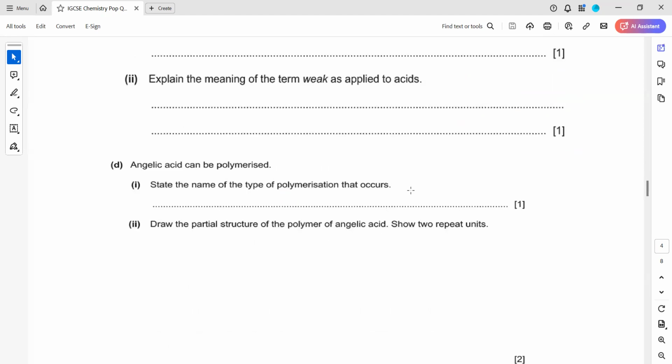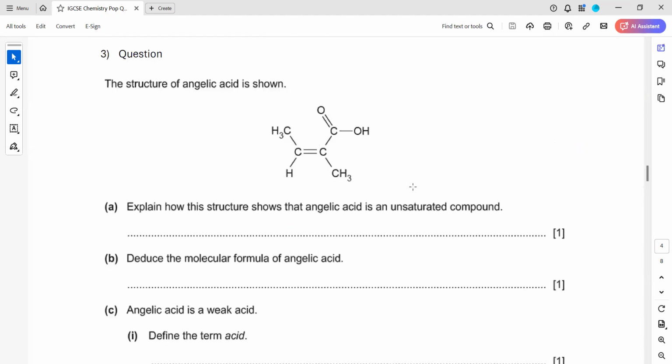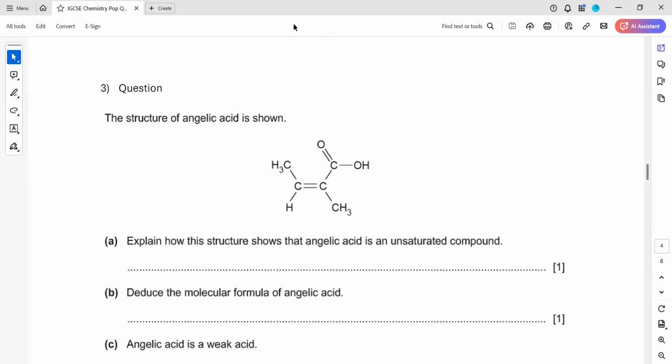Then we have to draw the structure of the polymer, 2 repeat units. So you will draw the structure in the same manner, but without a double bond. And 2 repeat units means we have to draw this twice.